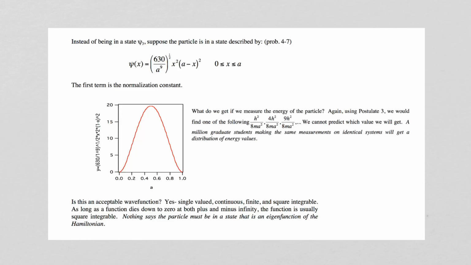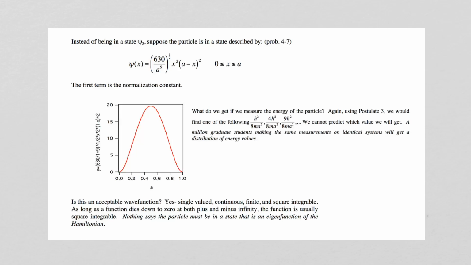But the question we ask ourselves is, I have this particle in a state that's not necessarily an eigenfunction of my system. So what do we get when we do measurements? Well, remember back to postulate 3.